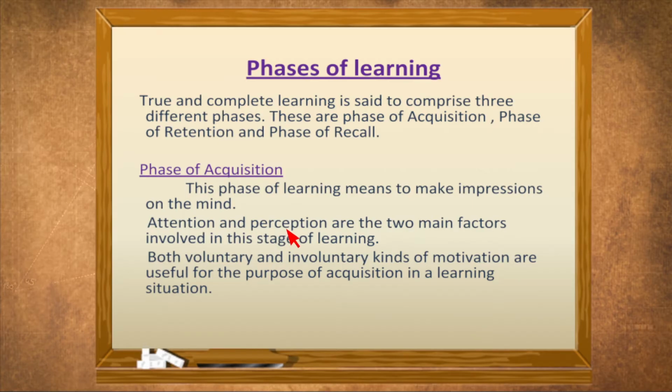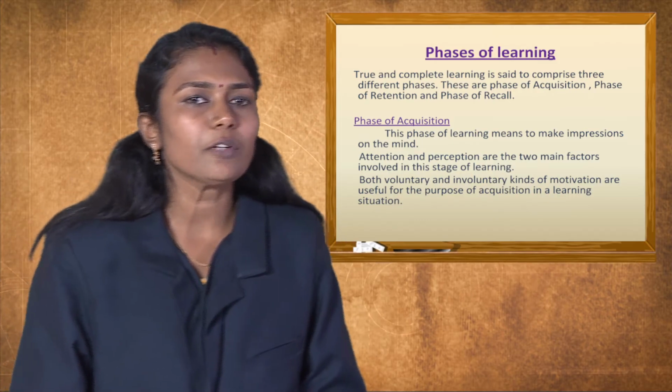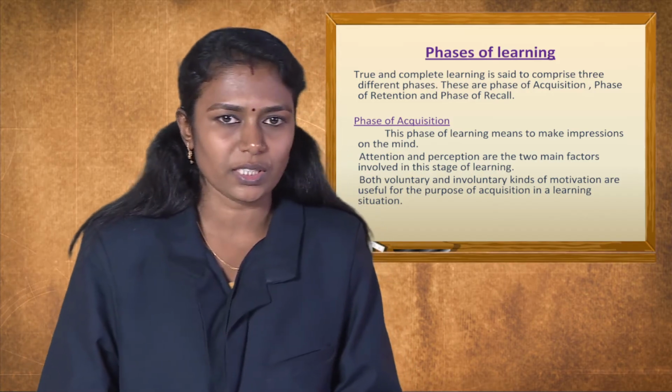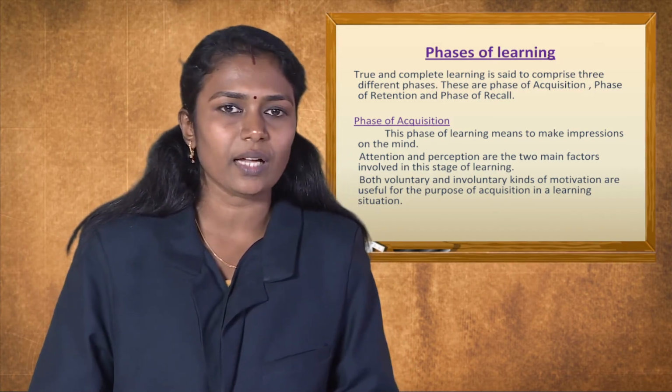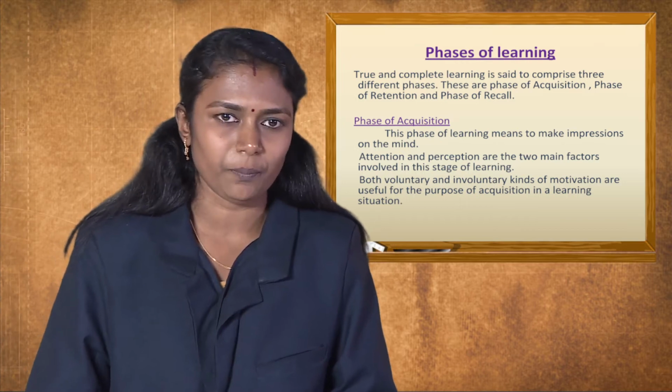Attention and perception are the 2 main factors involved in this stage of learning. Both voluntary and involuntary kinds of motivation are useful for the purpose of acquisition in a learning situation. That is, in the phase of acquisition, the main important points are attention and perception.